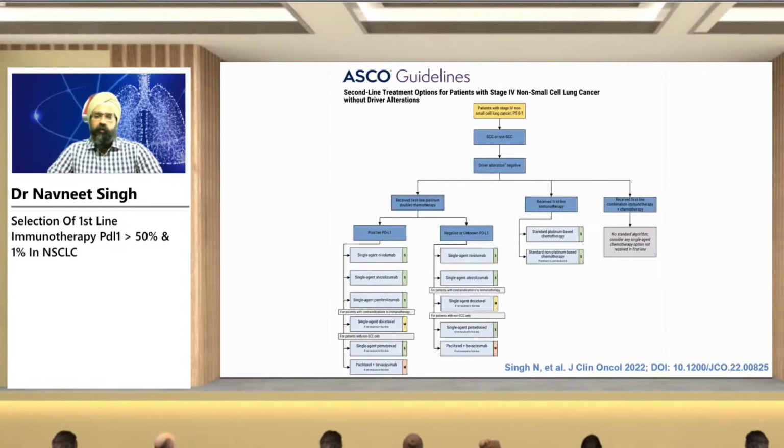Now, if you were to talk of second-line treatment, I know this is not the aim. Basically, what you can see is that if people have received first-line immunotherapy, then all that is left is basically chemotherapy, or there are no standard algorithms. However, if you talk of this in realistic terms, most of our patients do not fall in this category, and they will actually end up here because they don't end up receiving first-line immunotherapy.